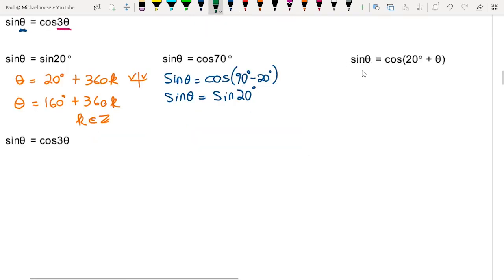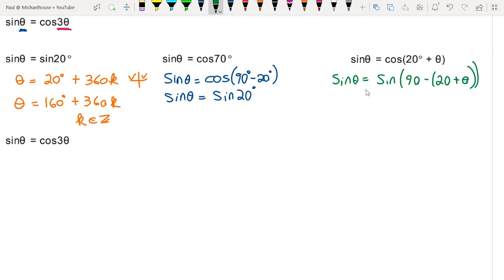So now let's take a look at this one. What we're going to do is leave this as sine theta, and change this to sine of 90 minus all of this stuff, 90 minus 20 plus theta.